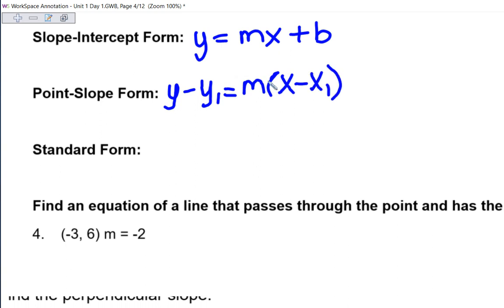It's called point slope form because if you're given a point and the slope, you use point slope form. If you're given the slope and the y-intercept, use slope-intercept form. And the last one is standard form: ax plus by equals c.